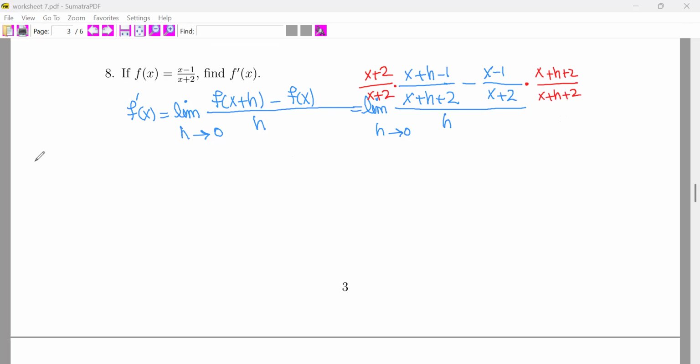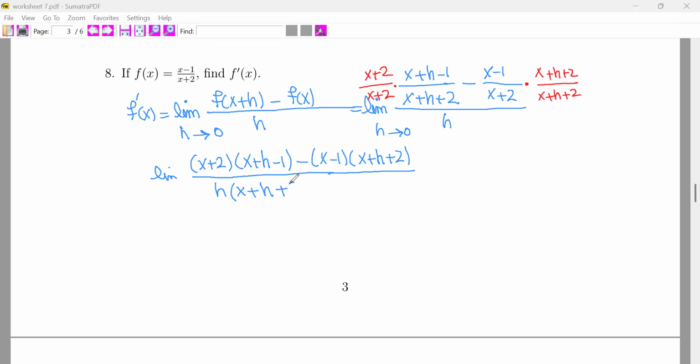So we will have the limit of, if we do this multiplication here, x plus 2 multiplied by x plus h minus 1, and minus x minus 1 times x plus h plus 2. And those denominators can be written in the denominator all at once. So we would have h multiplied by x plus h plus 2, also multiplied by x plus 2, when h is approaching 0.